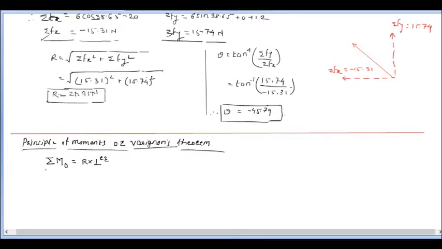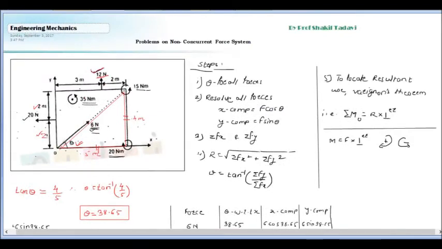First of all we will calculate this sum of all moments. So we are going to calculate the moment because of every force, that is, the moment because of this 12 Newton force, the moment because of this 20 Newton force, and the moment because of this 6 Newton force. So 3 moments, and then we are going to add up all these moments, for example 15 Newton meter, 20 Newton meter, 35 Newton meter, according to their sign convention.